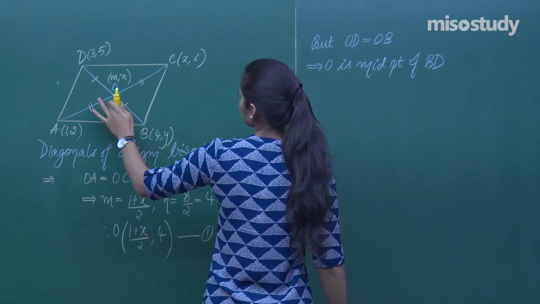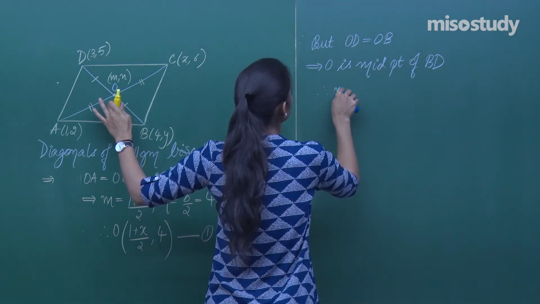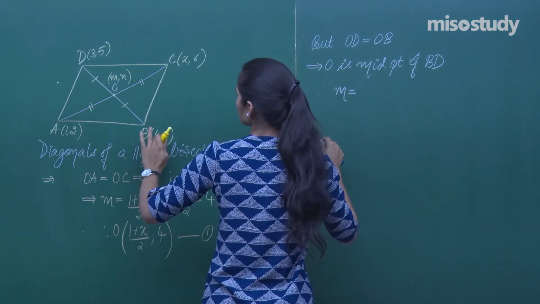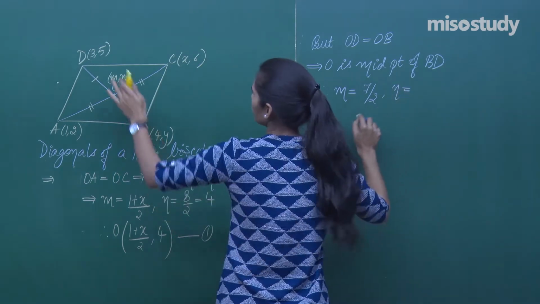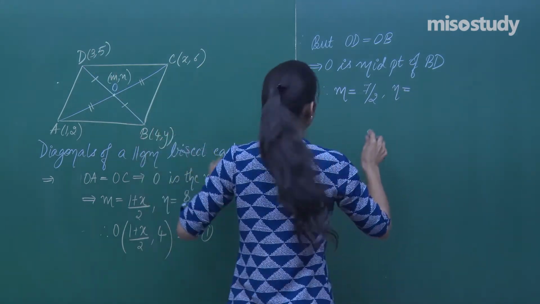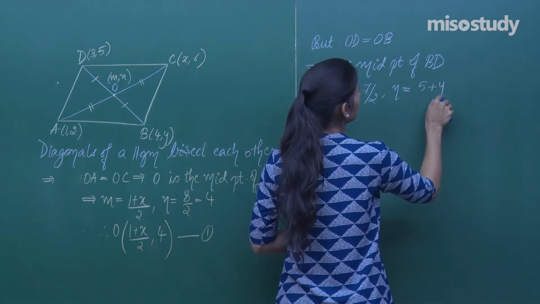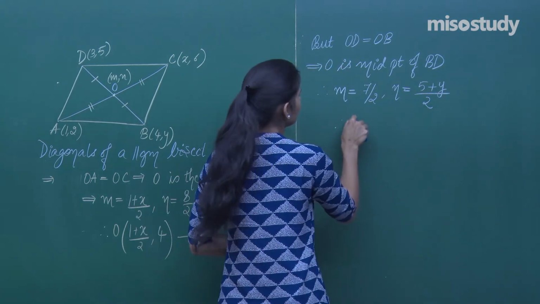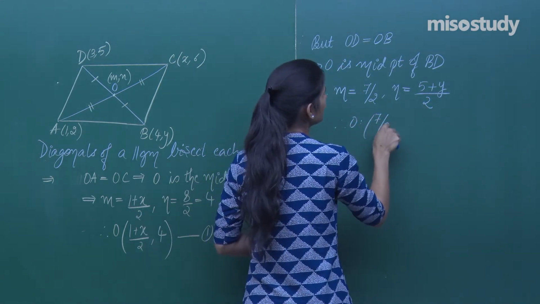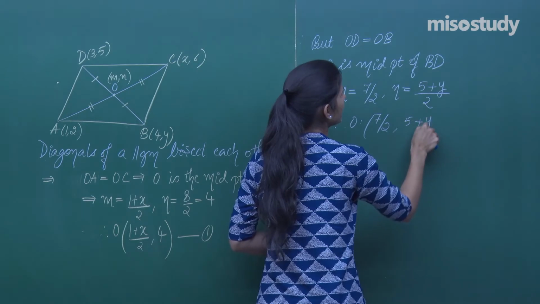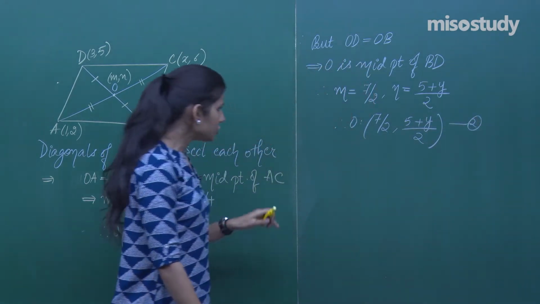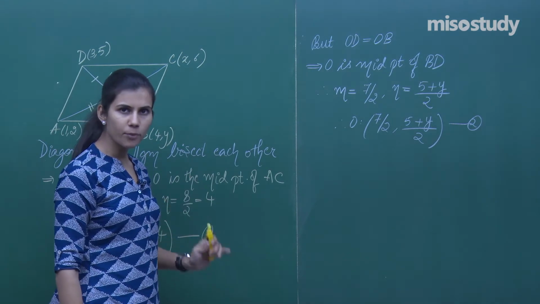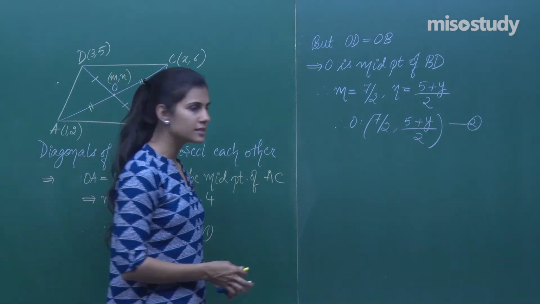midpoint, I can say x coordinate of O will be equal to 3 plus 4 divided by 2, and y coordinate of O would be 5 plus y divided by 2. So therefore, O has come out to be (7 by 2, 5 plus y by 2). Because 1 and 2 represent the coordinates of the same point, they have to be the same points.